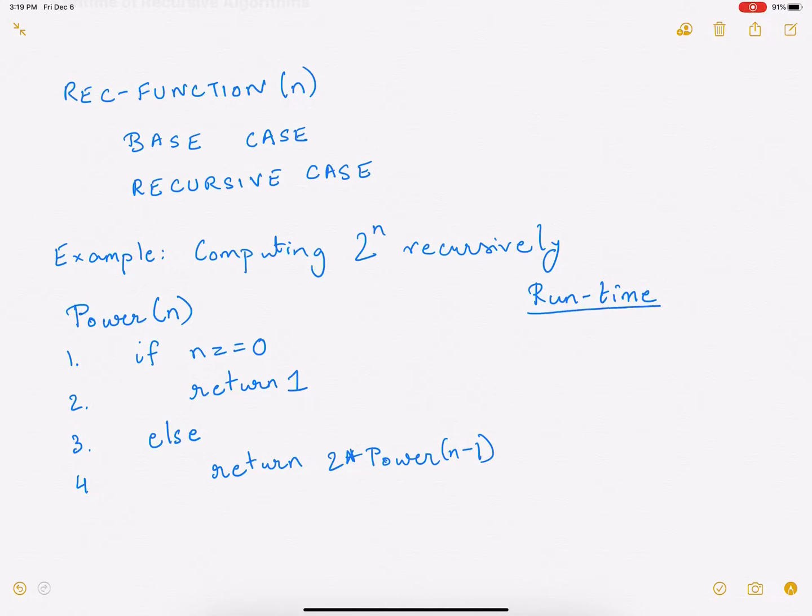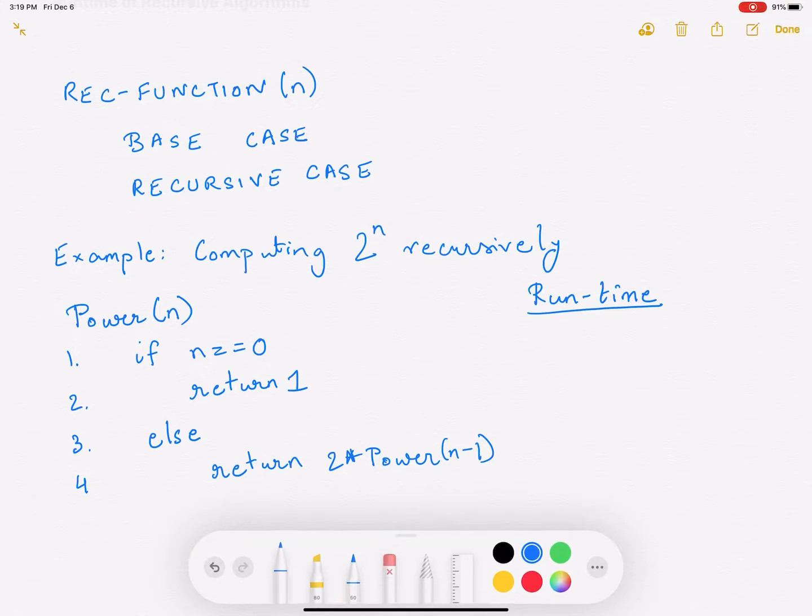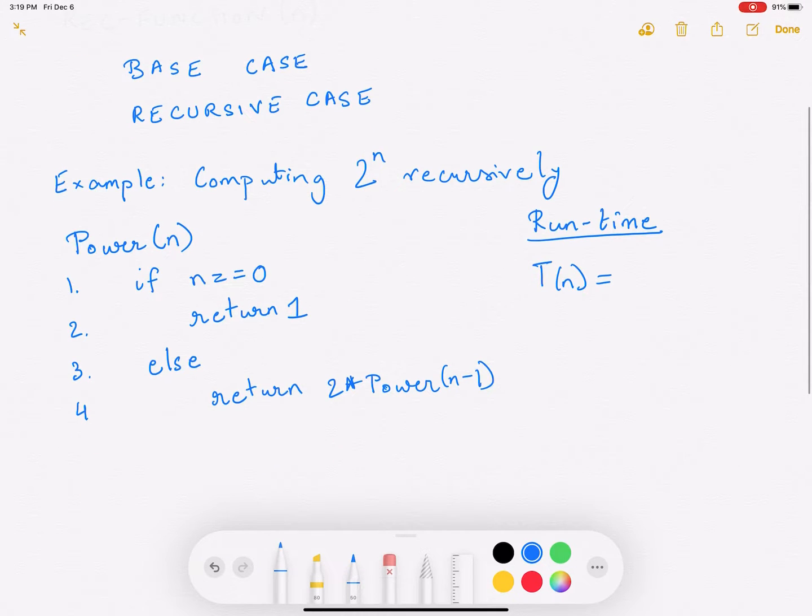Now, first, what we have to do here is to determine the runtime. To do that, let T(n) be the runtime of this recursive algorithm when the input size is n. Now, if n equals 0, it's going to take a constant amount of time because it's just going to return 1. So in that case, theta 1 will be the runtime of this algorithm.